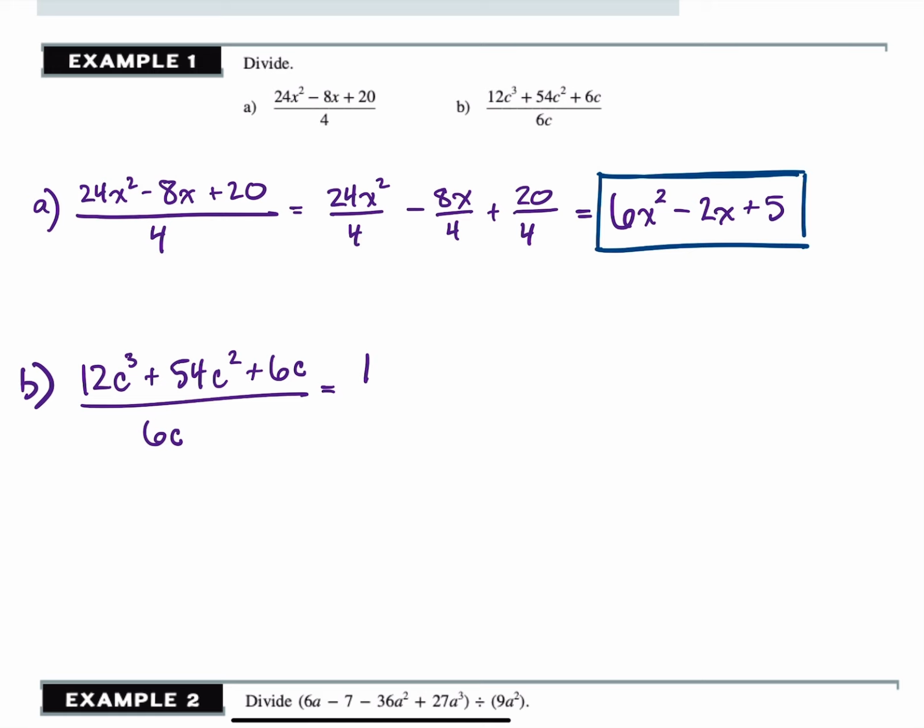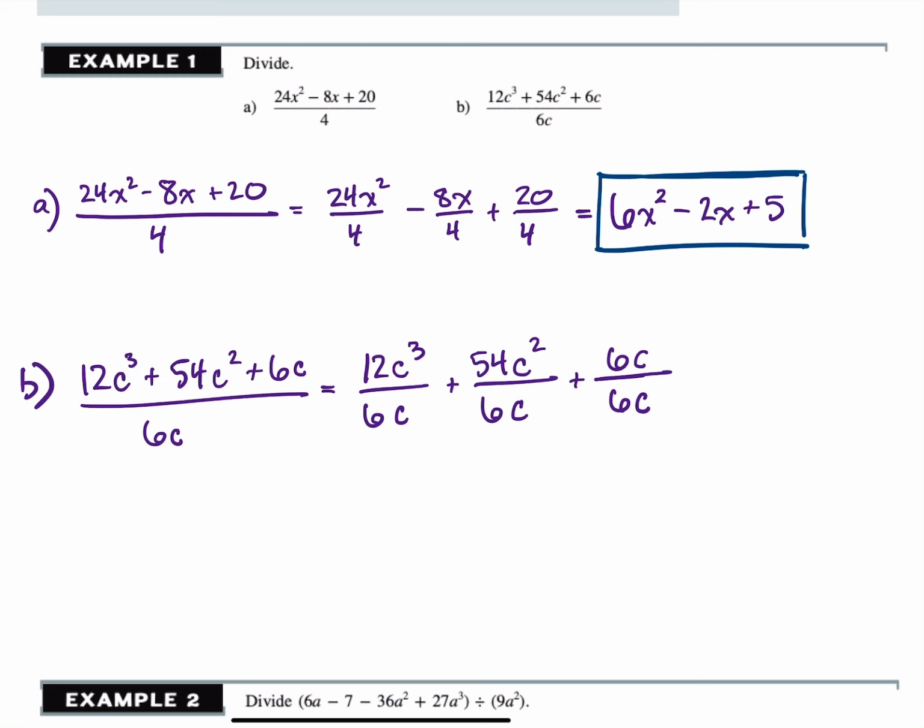We can write each of these divided by the 6c. And now we'll divide by our number, but then also think about how the variable will simplify. It will cancel, since we just have c to the first power, it'll just cancel with one of the powers in the numerator.